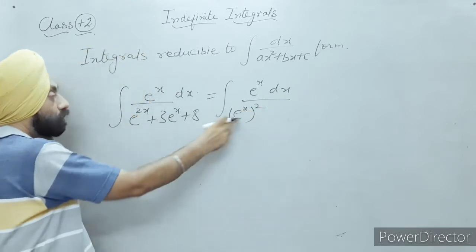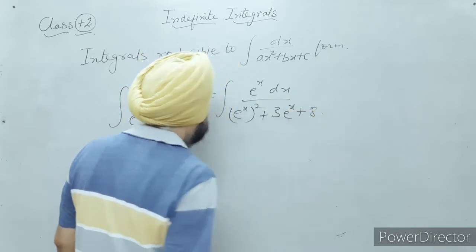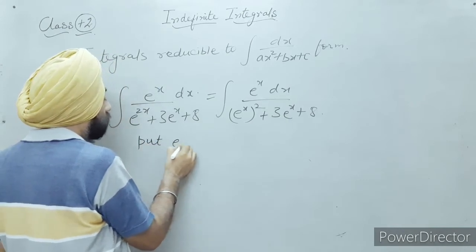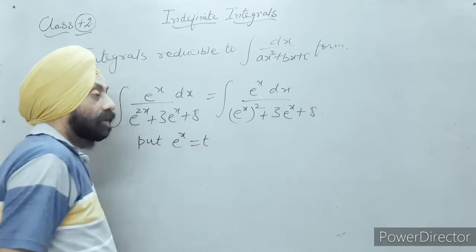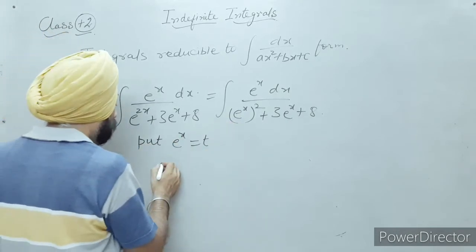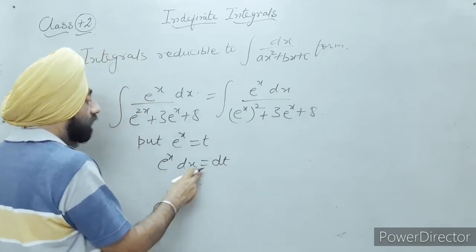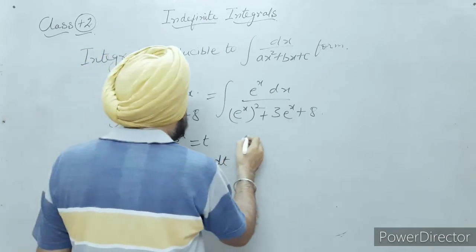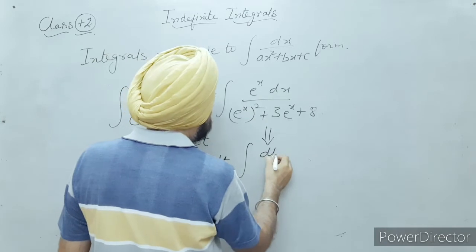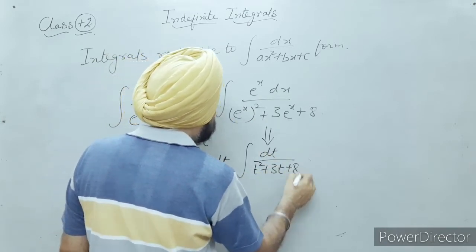I have written e to the power 2x as this, plus 3 e to the power x plus 8. Now, put e to the power x equals to t. I have substituted e to the power x as t. Why have I substituted? Because I know the derivative of this is e to the power x itself, so e to the power x dx is dt. So the numerator becomes dt upon t square plus 3t plus 8.